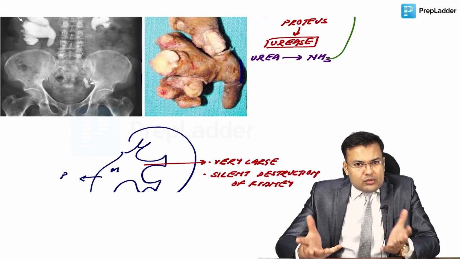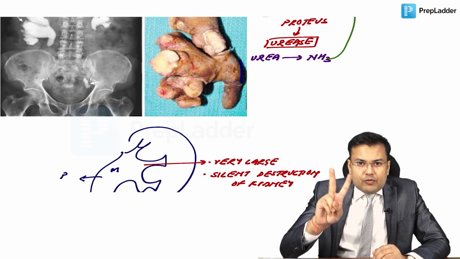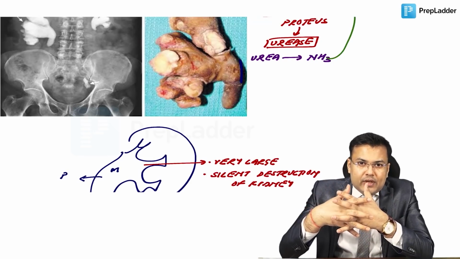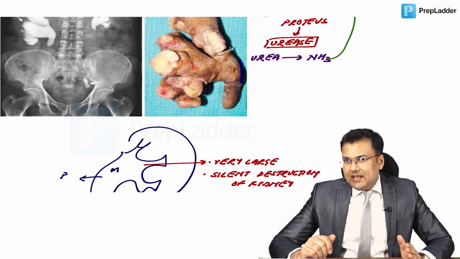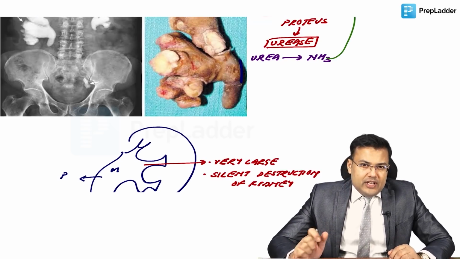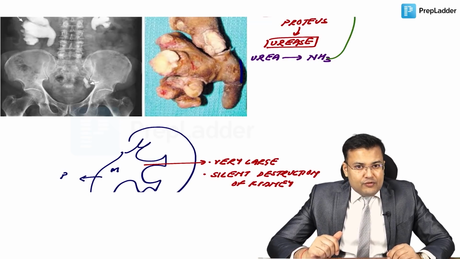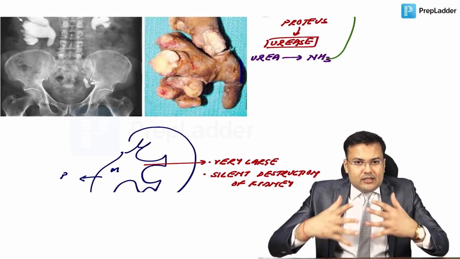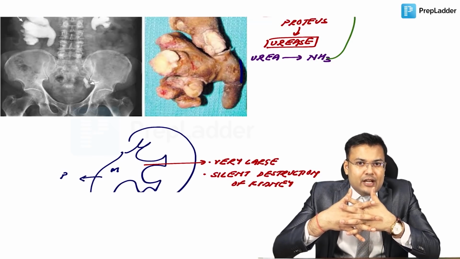Now see, the stones are so large that a single technique of stone removal is generally not sufficient. So we combine two techniques for removal of the stone. One, we use PCNL. What is the full form? Percutaneous nephrolithotomy. And we use ESWL. Full form? Extracorporeal shockwave lithotripsy. Since we use both techniques together, this is known as the sandwich technique.